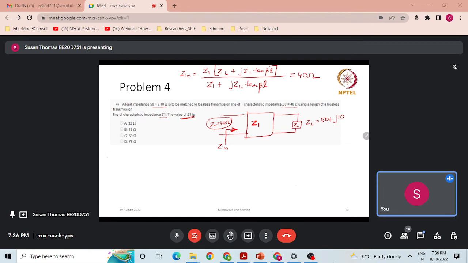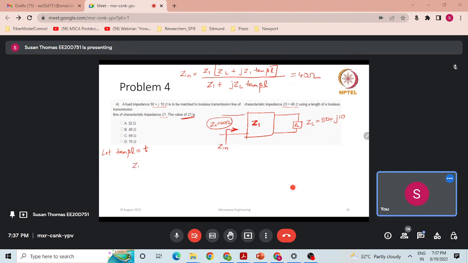To find Z1, a little bit of difficulty is there because of this term tan beta L. So let us make tan beta L like a simple constant T, because for a constant length transmission line, the value of tan beta L will be a constant. Okay. So if you put tan beta L is equal to T and then try to equate the real and imaginary parts, let us try to solve this.